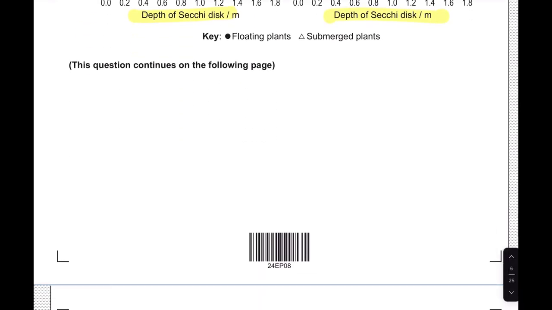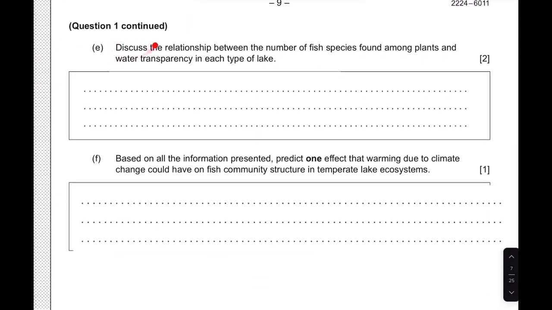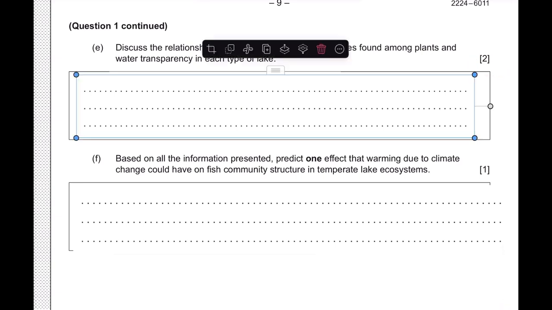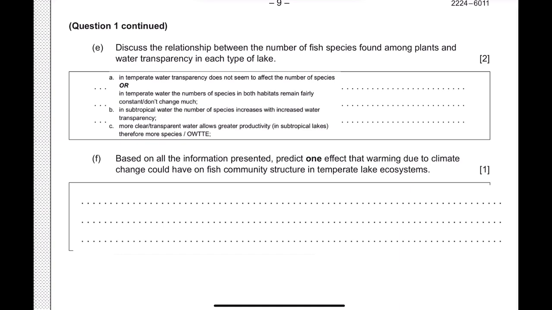And then because it is a discuss question, you can give another point that more clear or transparent water allows greater productivity.